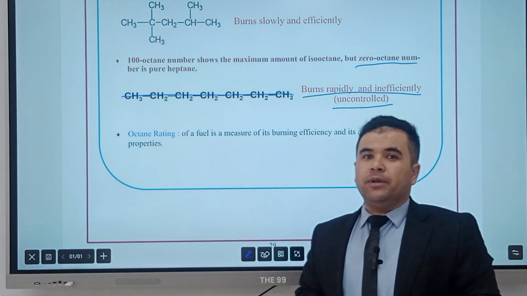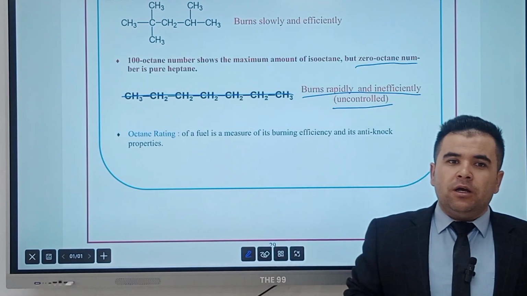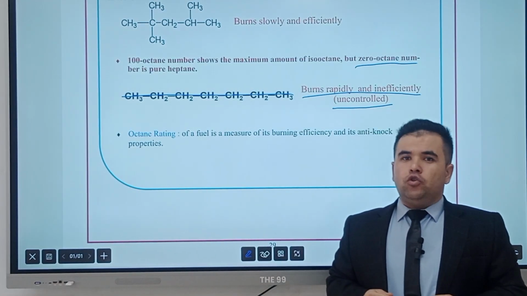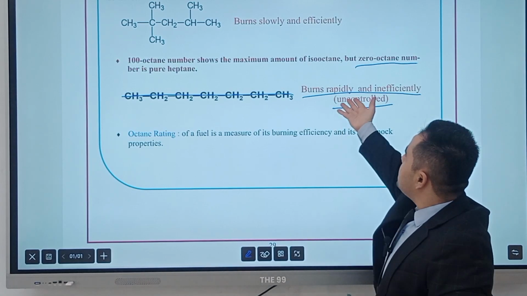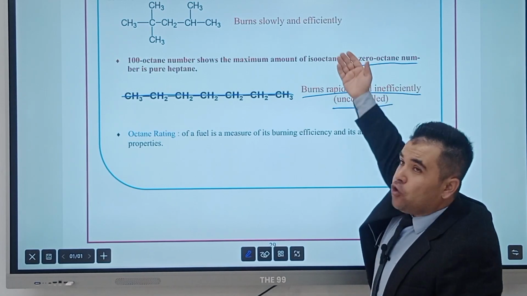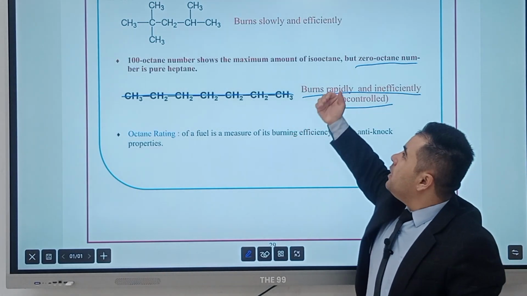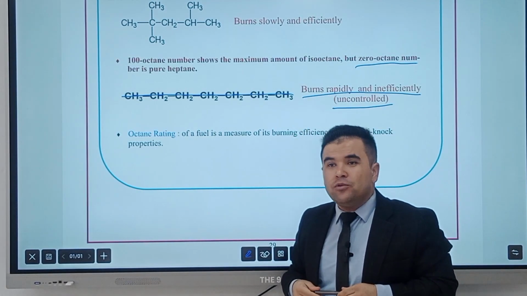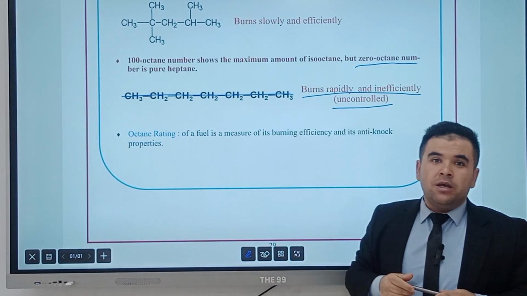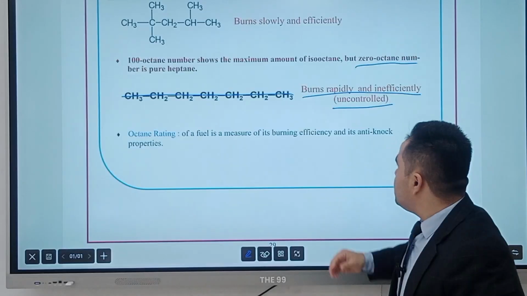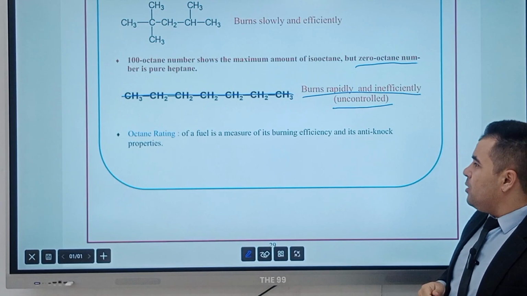So it's a completely unfavored hydrocarbon to be added for the engines. It increases the knocking. The isooctane decreases the knocking. The heptane has a 0 octane number, the isooctane 100 octane number. The heptane burns rapidly, the isooctane burns slowly and efficiently.